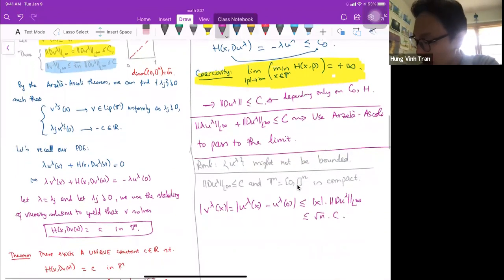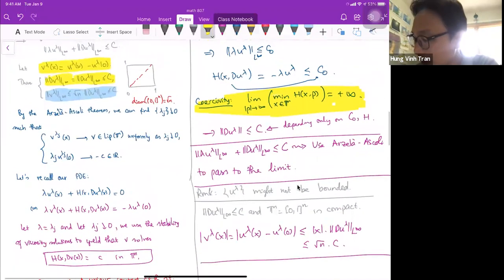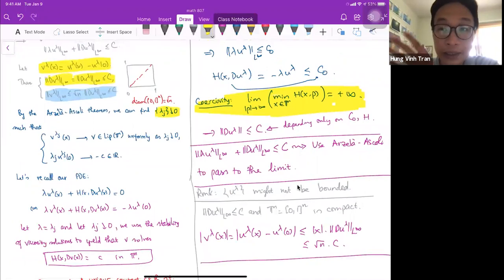So what have we done? Let me write down the scenario here. By Ascoli first, I have v lambda is bounded and equicontinuous, because it's actually equi-Lipschitz. So you can find a subsequence lambda j going to infinity so that v lambda j converges to v uniformly.